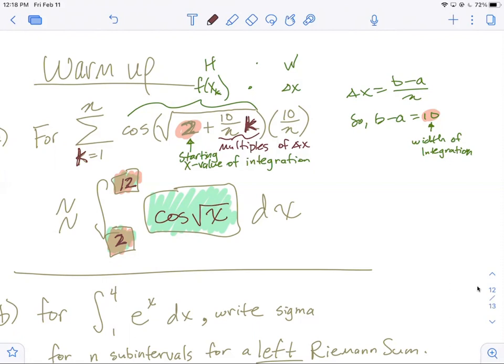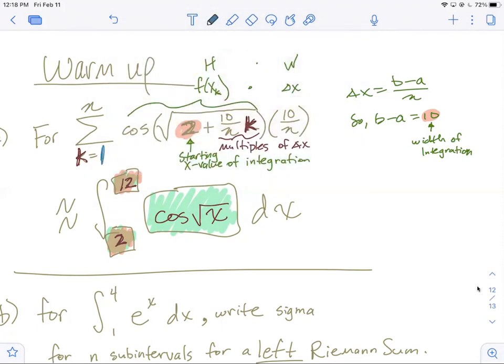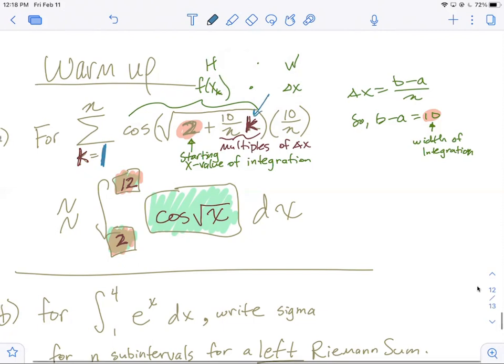Now, there's one other thing that we can gather from here. Does that summation up there represent an approximation for, is it a right Riemann approximation or a left Riemann? It's a right Riemann. And the way you can tell is just looking at your starting value. We're starting at k equals 1. So when you plug a 1 in for k, your first value is going to be 2 plus a width, right? So if 2 is where, let's say the function looks like this, cosine of the square root of x.